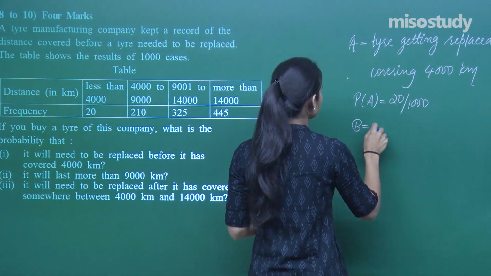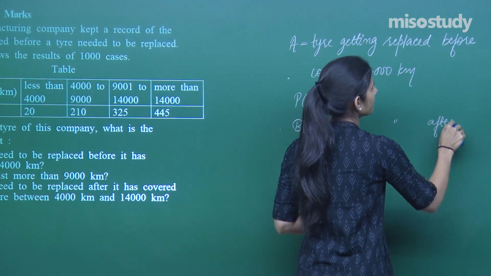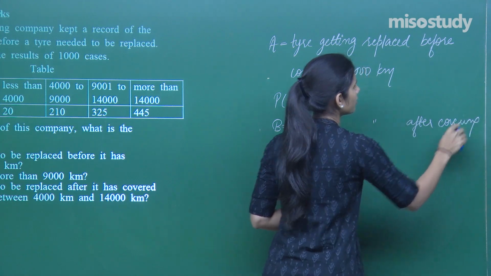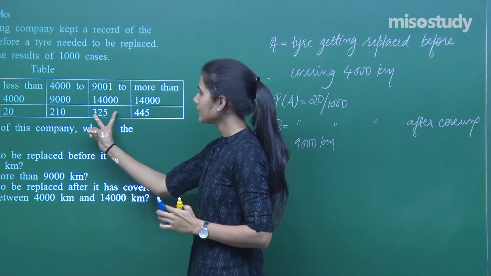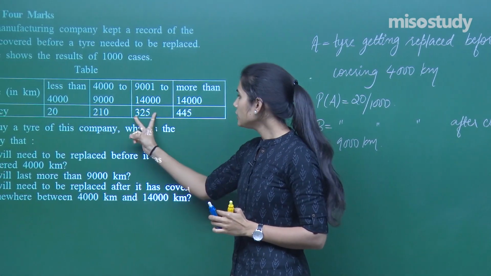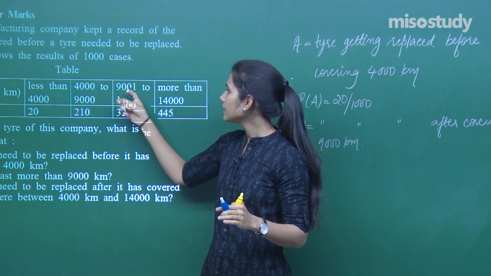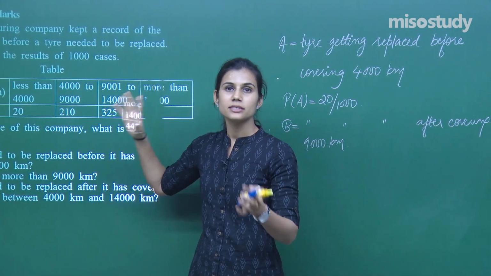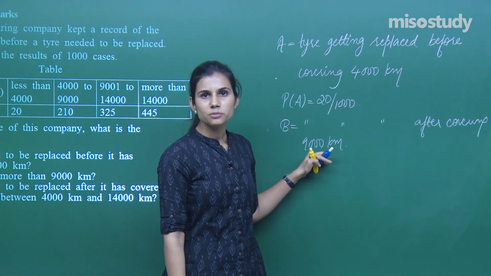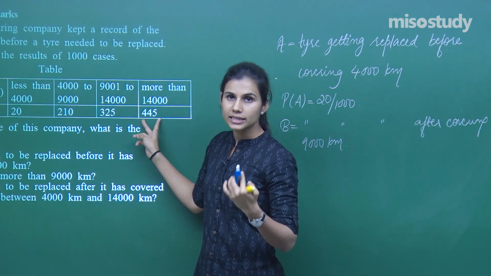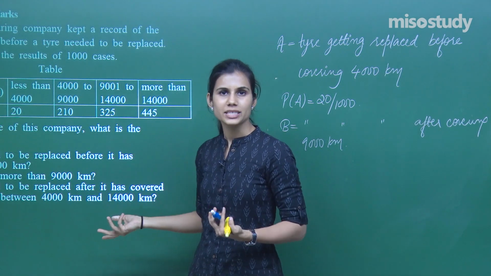So if I talk about event B, that tire is getting replaced after covering 9000 kilometers, that means it can lie in this range and it can lie in this range. 325 tires are favoring this event because they are getting replaced when they have covered distances beyond 9000. 445 tires, even these 445 cases are also favoring event B because they are signifying that the tires are getting replaced when they have covered more than 14,000 kilometers distance, when 14,000 is obviously greater than 9,000.